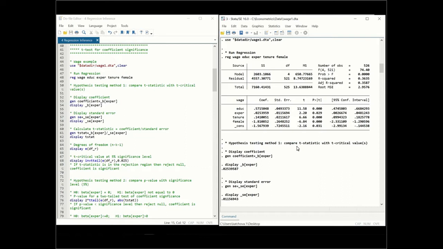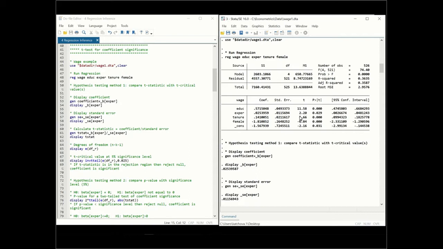And so we would now be conducting t-tests for significance of coefficients. So let's look at the coefficient, say, of experience. We want to know if this coefficient is significantly different from 0. So there are several things that we can do here. This is the coefficient. This is the standard error.